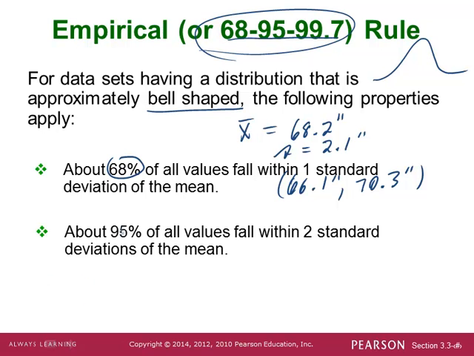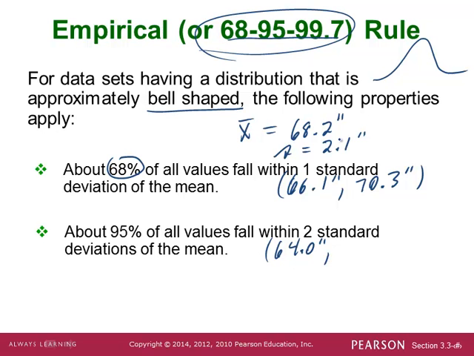About 95% of the data values will fall within two standard deviations. So in this little example, actually let's subtract. 68.2 minus 4.2 will be 64.0. So there it is on the low end.